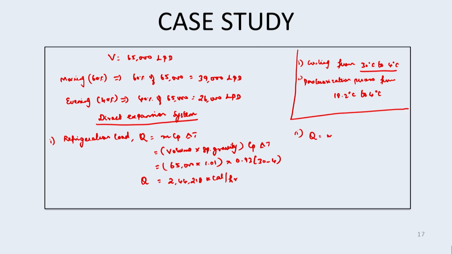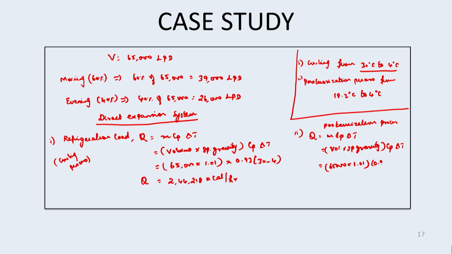Q is equal to mCp delta T. This is for the cooling process, and this is for the pasteurizing process. Again, m is equal to volume into specific gravity, into Cp, into delta T. So here it is equal to 65,000 into 1.01 into 0.93.